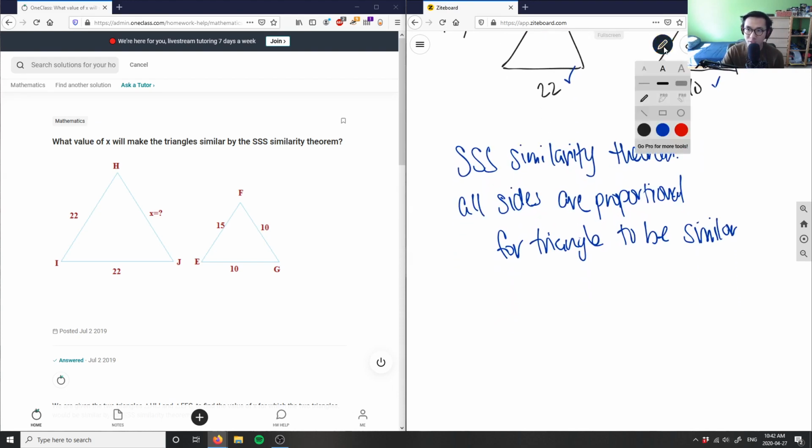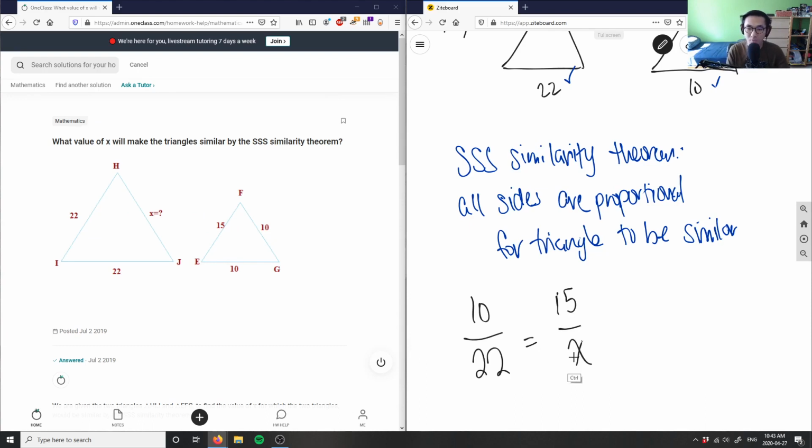So I'm going to set up a ratio and say the proportion is from triangle 1 to triangle 2. So this is 10 over 22, which is our ratio here. 10, one side here, over 22 equals, again, this side over this side, right? So 15 over x, because that's what we're solving for, right?